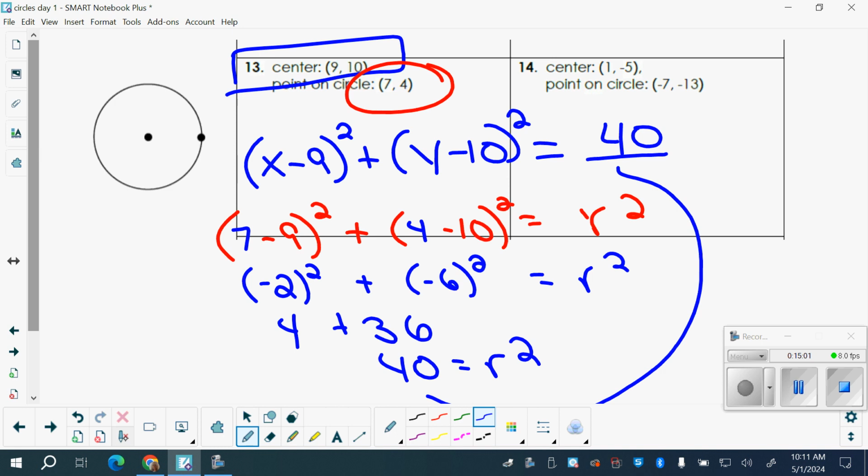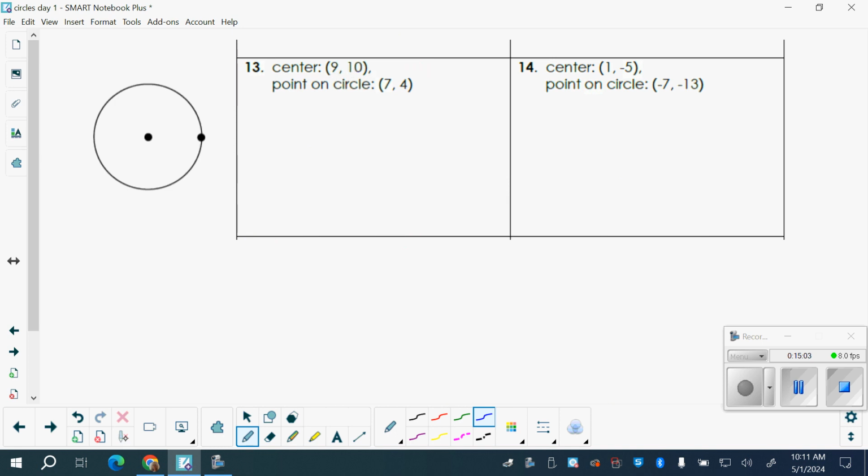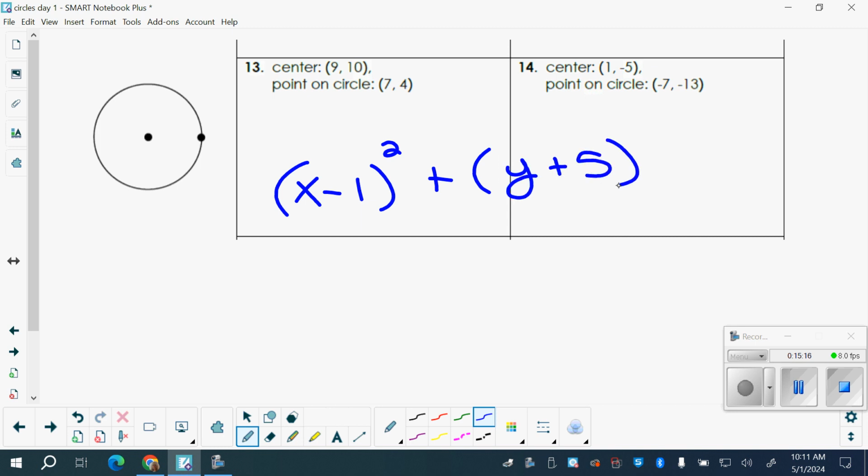So here we go. I'm stealing from Sean. Here's what he said. He started here. He went x minus 1 squared, and then he went y minus minus becomes plus 5. Yay. And we're going to need something there, but we're going to wait till we get there.